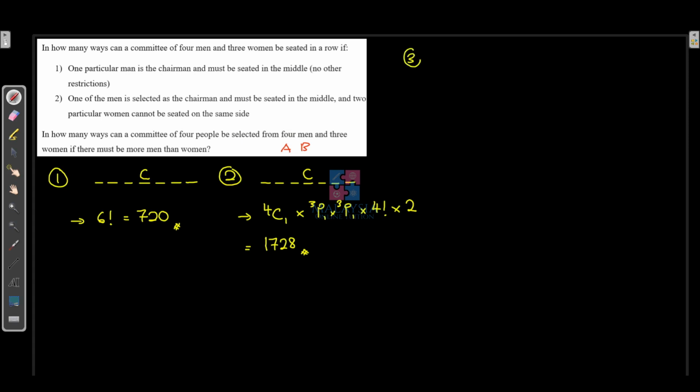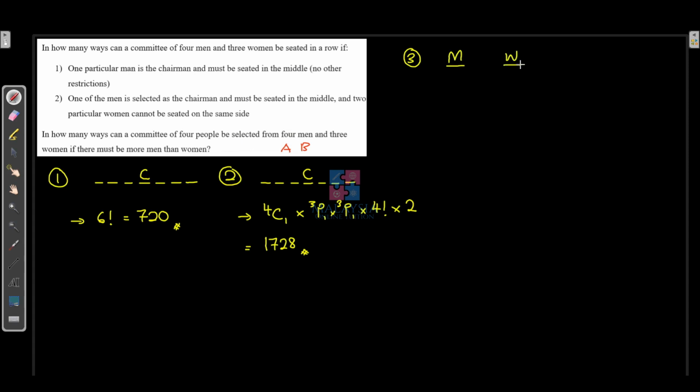And finally for part 3. In how many ways can a committee of 4 people be selected from 4 men and 3 women if there must be more men than women? Whenever you have this kind of question where they say more men than women, or more women than men, you start straight away with the table.